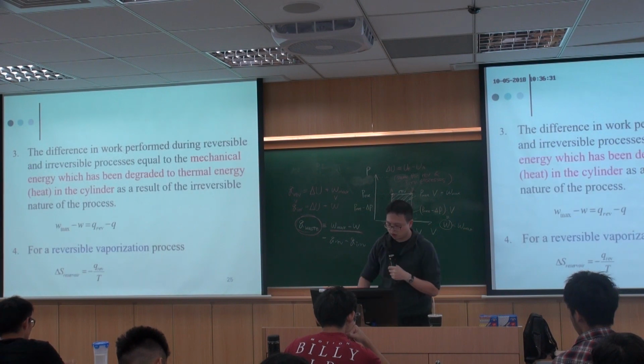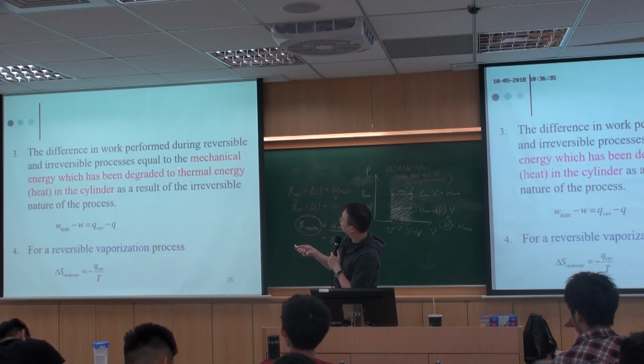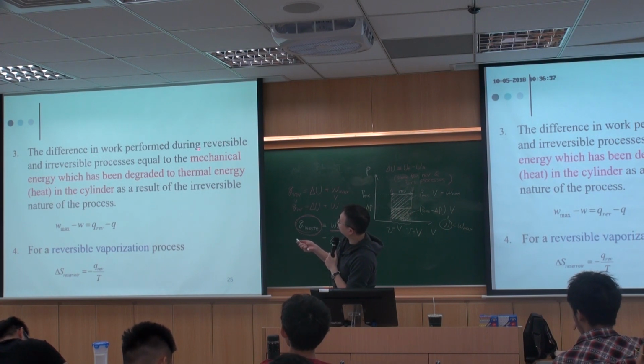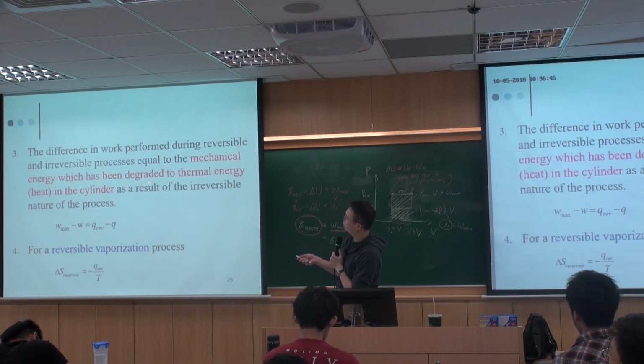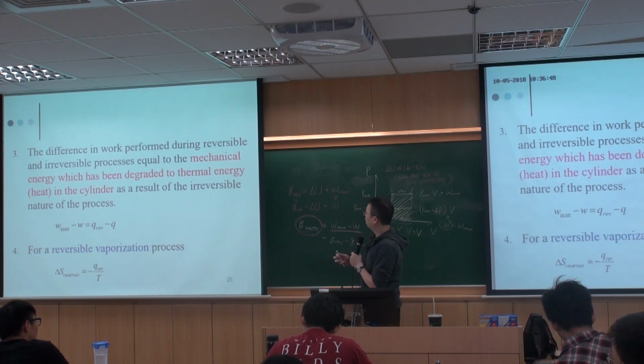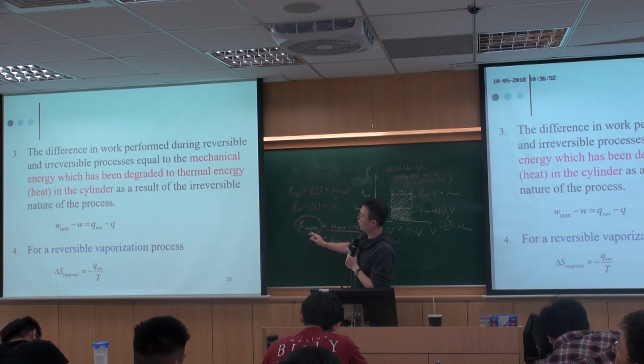So if you look at the paragraph over here or in the textbook, the difference in work performed during reversible and irreversible processes is equal to the mechanical energy which has been degraded to thermal energy in the cylinder. And that is this quantity I put as Q waste.